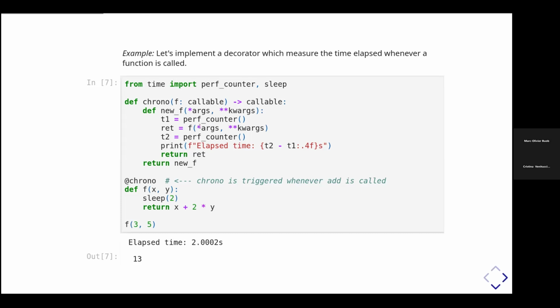I call my function, and thanks to *args and **kwargs, I can forward all the parameters that are specifically related to f, so x and y typically. Then I print the time, and I return the value that has been computed by f. So basically it measures the time, calls f, saves the result, measures the time again, prints the difference, and returns the value of f.